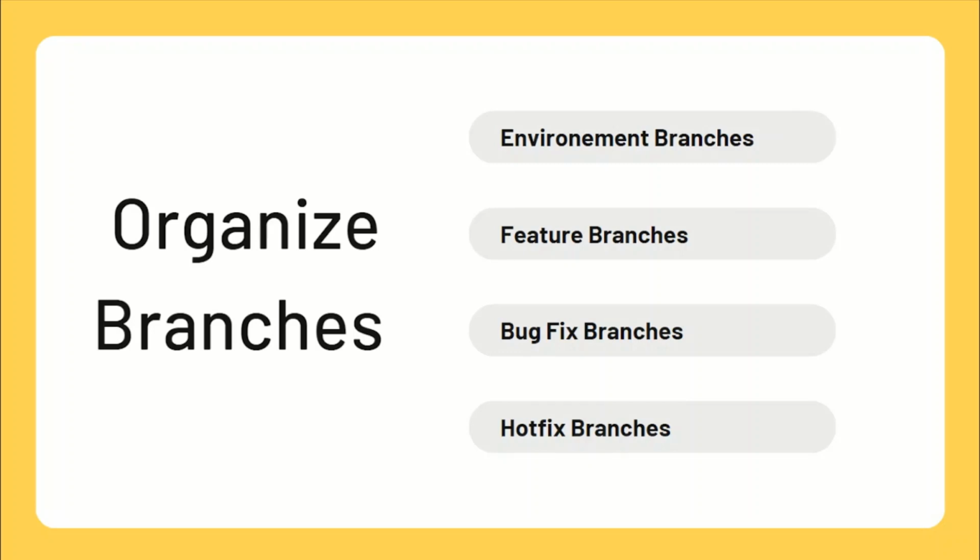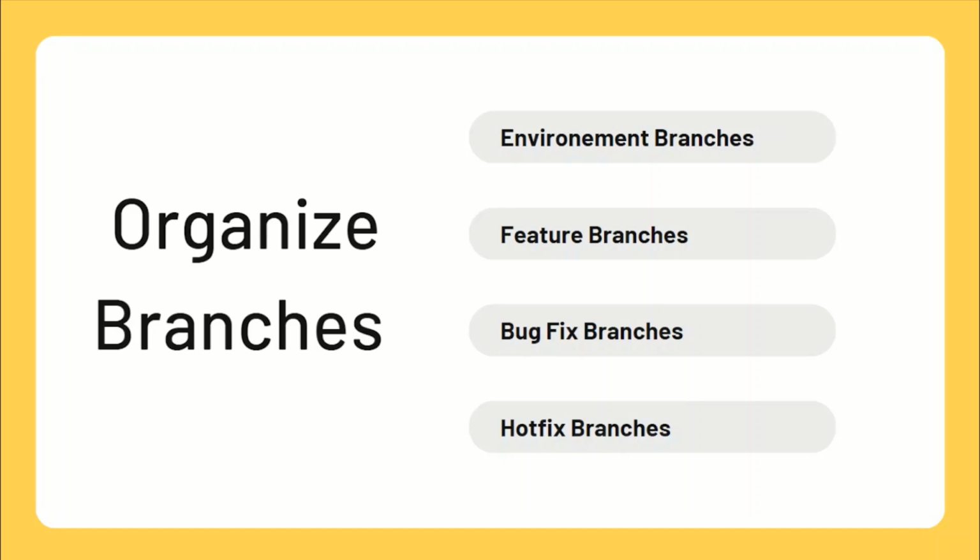After that we can create feature branches. What is the meaning of feature branches? Suppose you are working on a registration feature, another person is working on the login feature, and another on the cart feature. You can create multiple feature branches like login, register or cart. After that you can create a pull request and merge it into the develop branch. So all three features will be committed to the develop branch once the development is done.